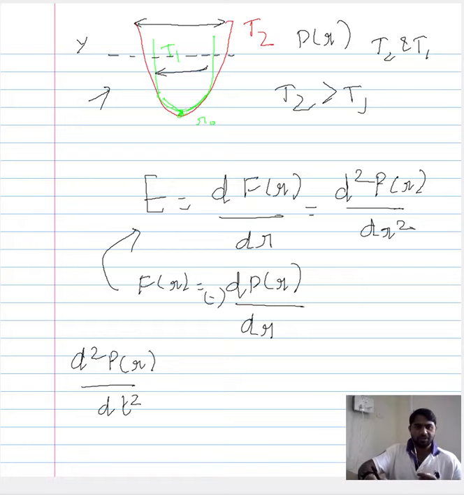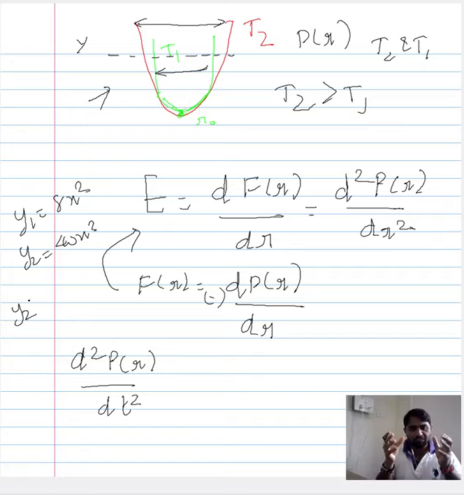For instance, if you plot parabola y1 as 8x squared and parabola y2 as 40x squared, you would see that parabola y2 is much sharper compared with parabola y1. Let me reiterate: you can understand the relation between the mouth or sharpness of the parabolas by considering two examples like 8x squared and 40x squared.